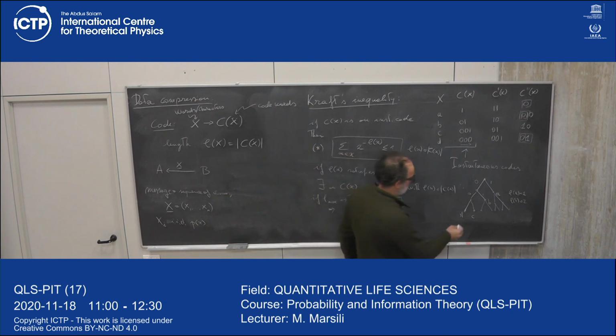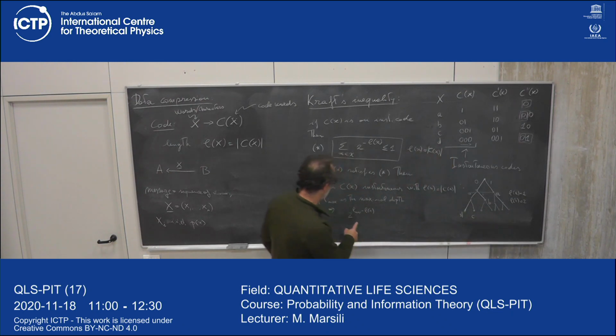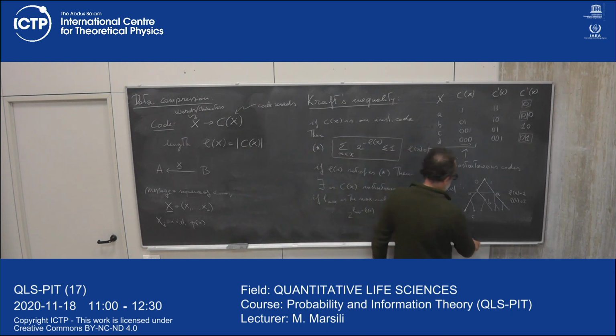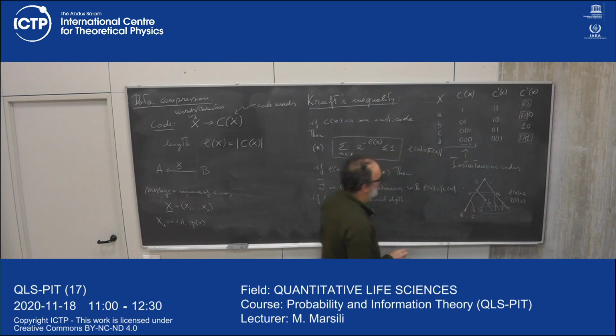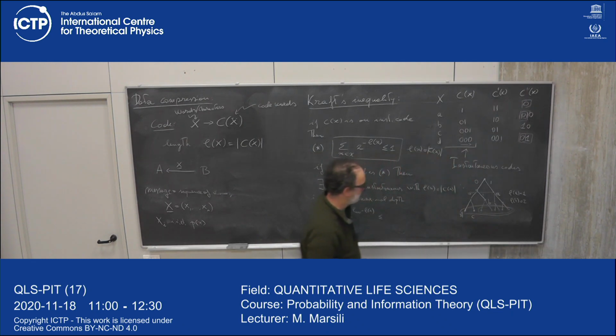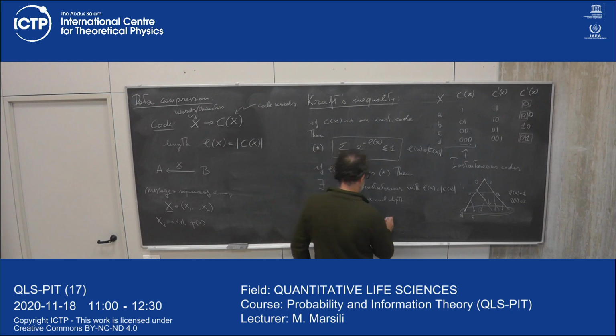Because, say, if a node is at depth L, then the number of nodes at depth L max will be equal to 2 to the L max minus L. Okay, so now if you sum all these descendants here, they should be less or equal to the total number of nodes at depth L max, but these are just 2 to the L max.